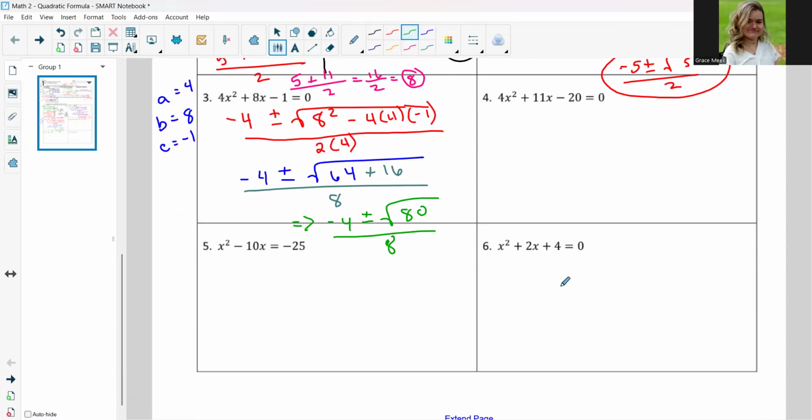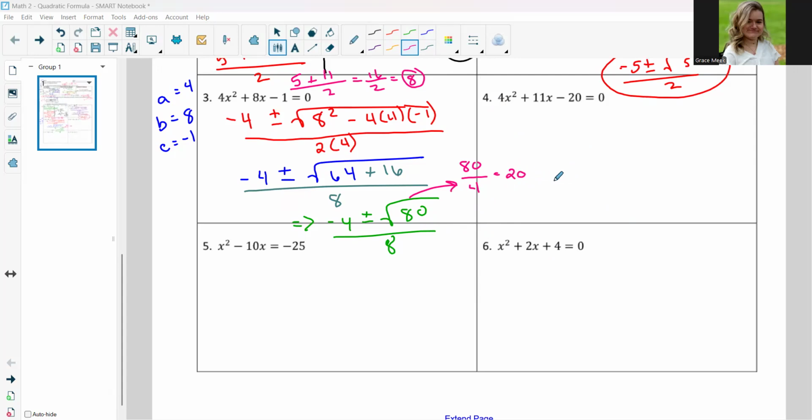8. Now, again, what you want to do here, guys, is simplify that radical. You don't want to leave it not simplified. So think about what perfect squares can go into 80. When I start thinking about this, I just start breaking it down. If I do 80 divided by 4, that's a perfect square, that would be 20.